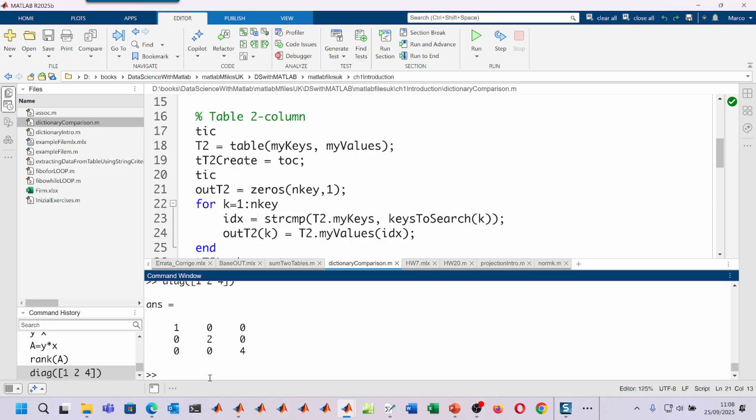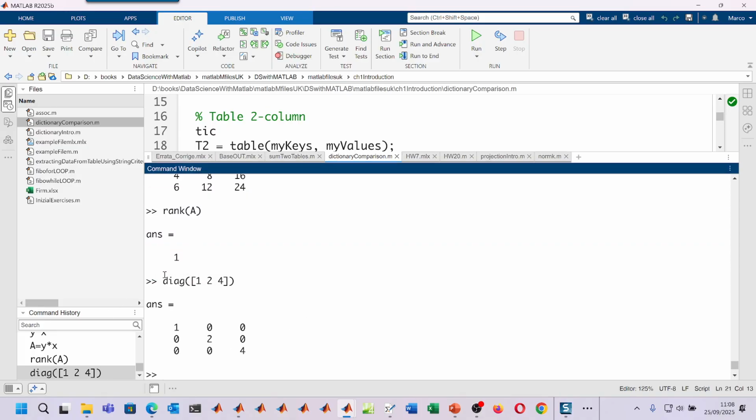So this diag function, if you supply a vector, it creates a matrix with the vector elements on the main diagonal.